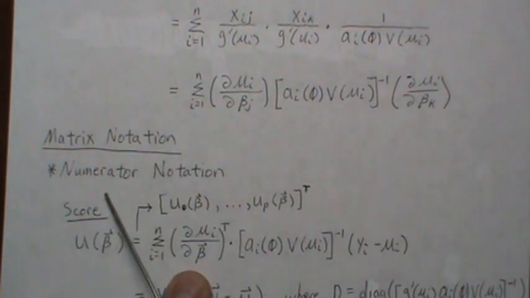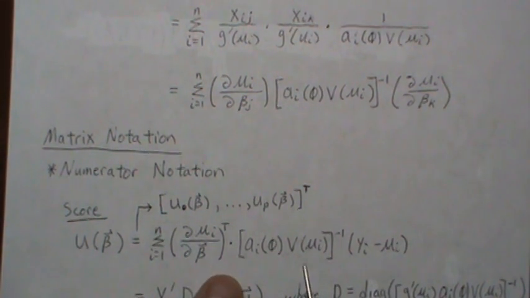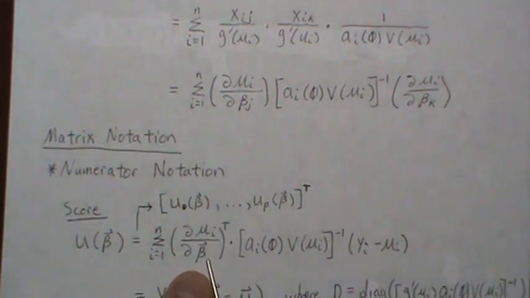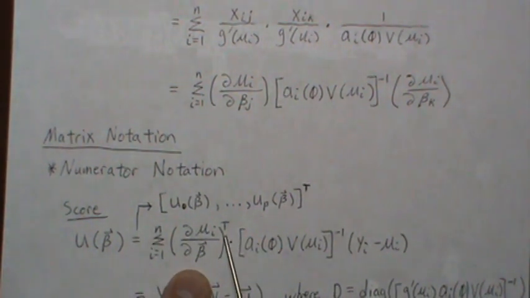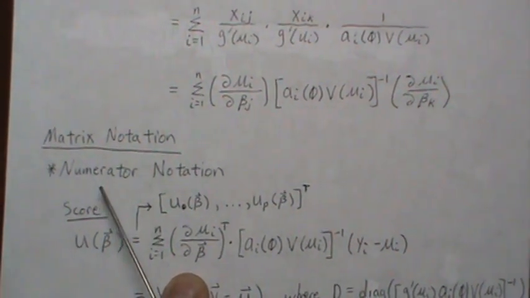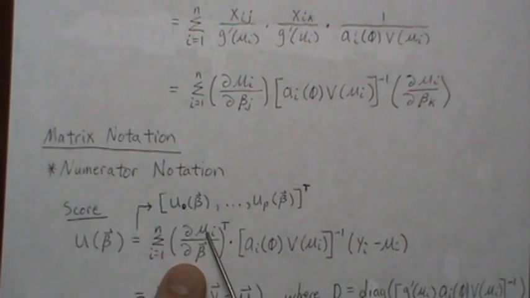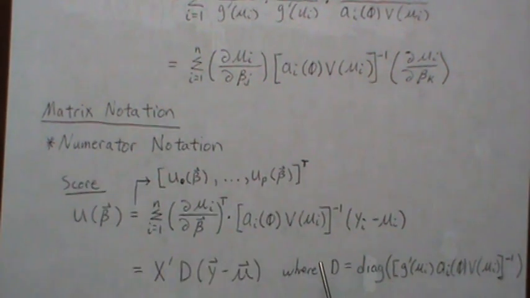In numerator notation, this actually becomes a row vector, so we have to transpose it to get it back to a column vector. And then when we sum, these are constants, and they're just multiplied by each component. That's why that transpose is there. If we were to use denominator notation, we wouldn't need that transpose, because a scalar with a vector below ends up being a column vector.